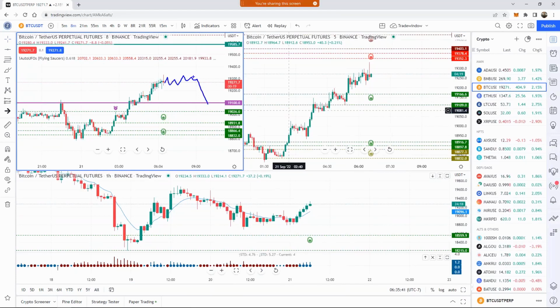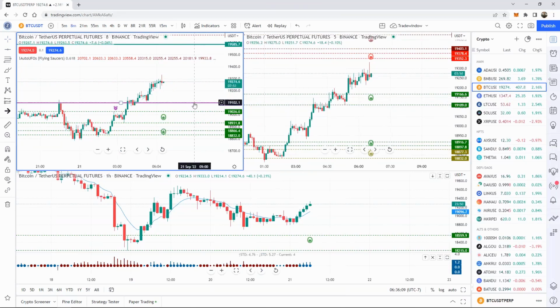Well, if it's within the time period that we're expecting, then these may meet at this UFO. But since we don't know at what speed or at what time this will actually come down, we're going to go ahead and set up this alert. So it alerts us and says, hey, take a look at this. You were looking at it earlier, you may have a trade set up here.